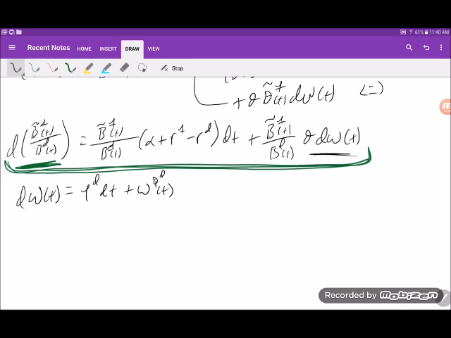So what we're going to do is to basically substitute this in here.